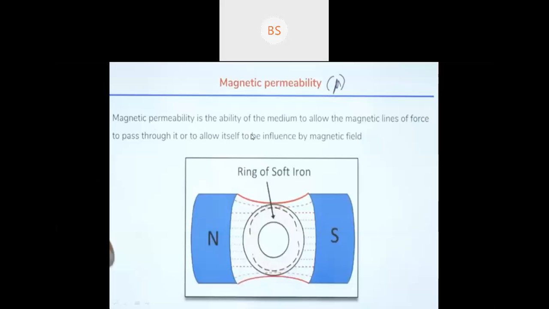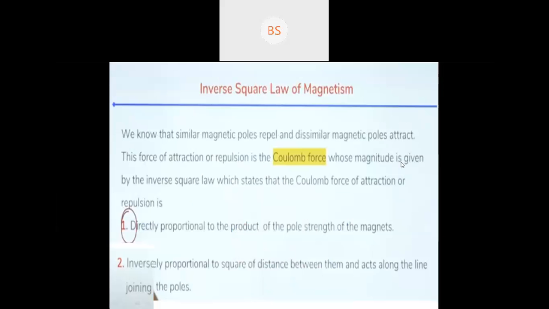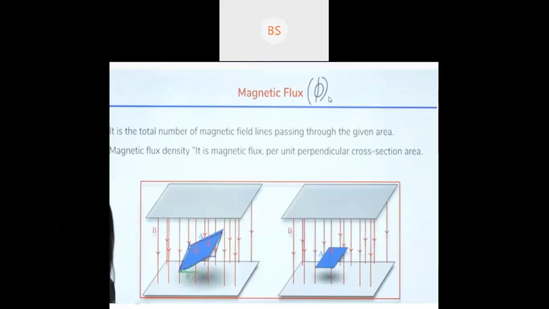So the next one is magnetic flux. What is meant by magnetic flux? It is the total number of magnetic field lines passing through the given area. For example, you take this. These are the magnetic field lines. This is one of the magnetic materials we have taken, and these are the magnetic field lines.